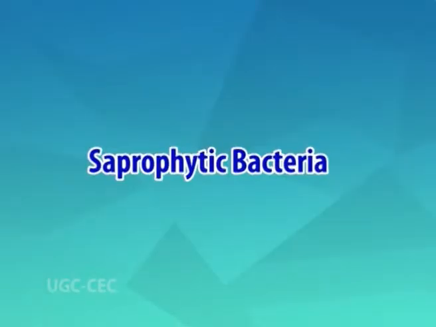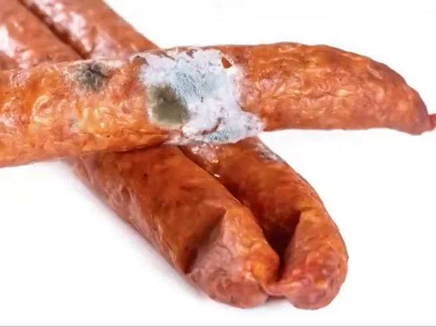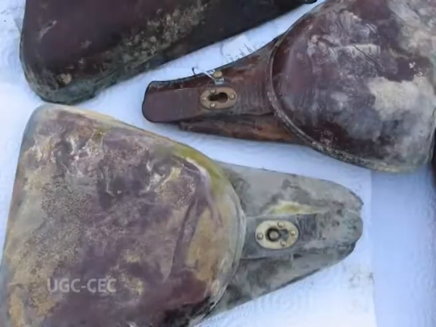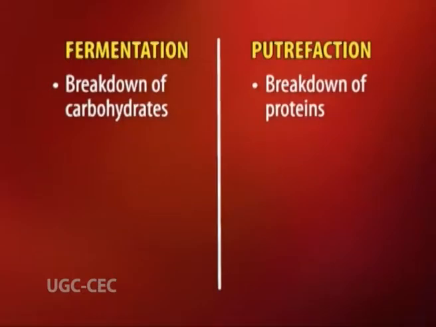Saprophytic bacteria obtain their food from dead organic decaying substances such as leaves, fruits, vegetables, meat, animal feces, leather, humus, etc. They secrete enzymes to digest the food and absorb it. The breakdown of carbohydrates is fermentation and of proteins is putrefaction.